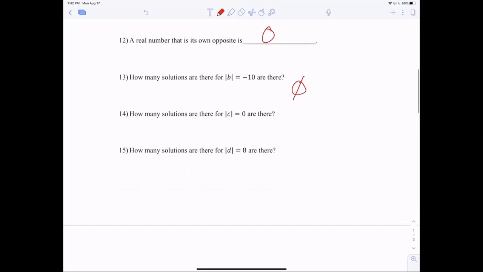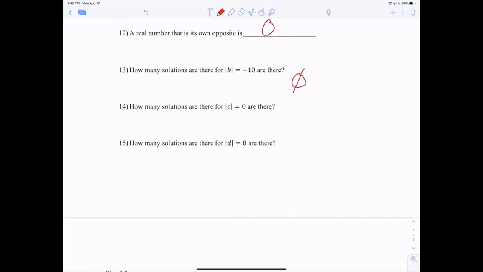Next, number 14. The absolute value of 0. How many solutions are there? Well, what's the absolute value of 0? 0. So there's one answer. That is correct. Now, on all other absolute values, there's going to be how many answers?